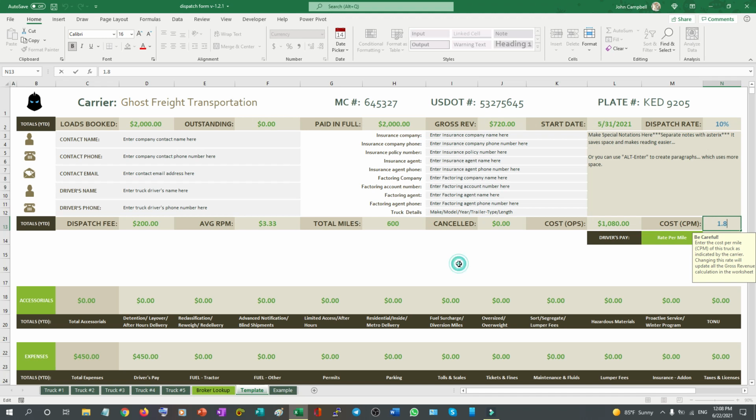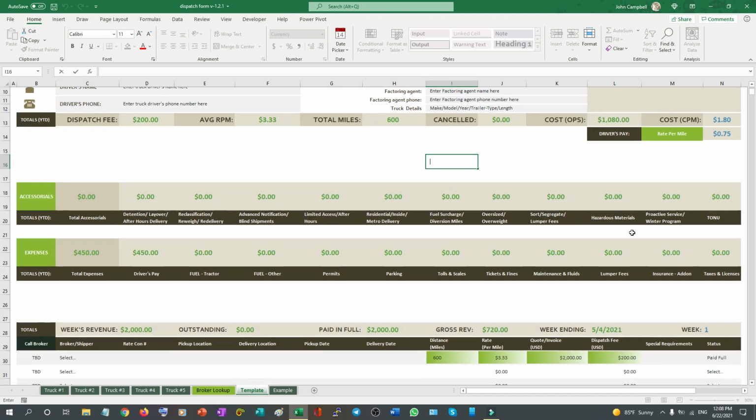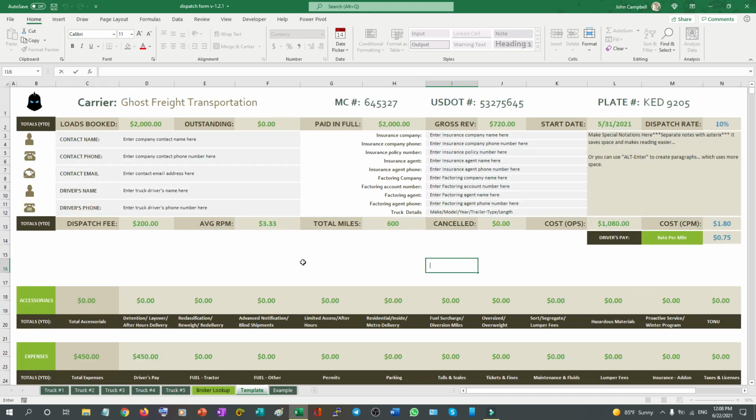All right. Let's see if there's anything else I need to talk about. The dispatch fee, we've mentioned that. The average rate per mile is not a calculation of all of the weeks, because I discovered that you cannot average a sum of averages.